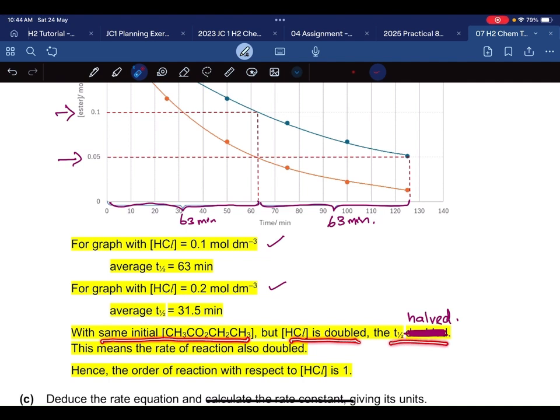So 63 divided by 2, that's 31.5. T half is halved. Now, when T half is half, it means that the time taken for the concentration to fall to half is reduced, so the reaction must be faster, and it is faster by double. So therefore, we can conclude that the order of reaction with respect to HCl is 1.